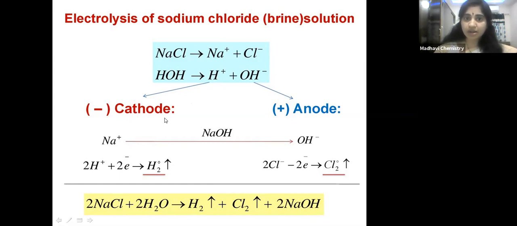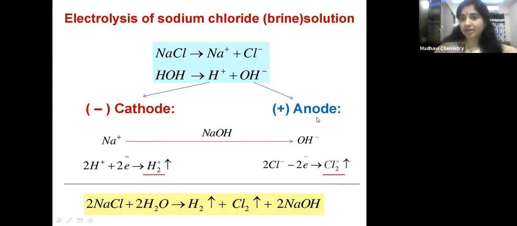Is it clear, children? And at the anode, what is left? Chloride ions. These chloride ions lose two electrons because the anode has positive charge, and they liberate chlorine gas at the anode, because our concentration is to prepare chlorine gas, is it not? From where are we getting chlorine?